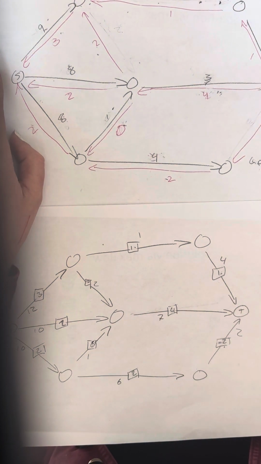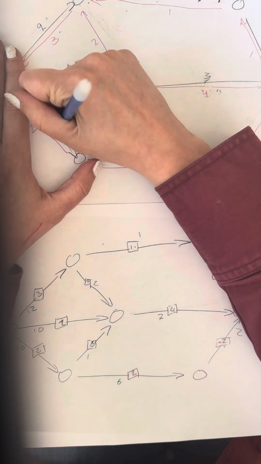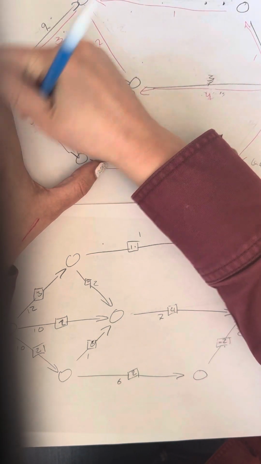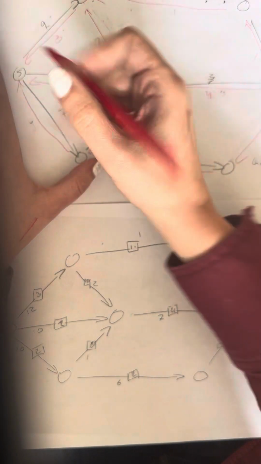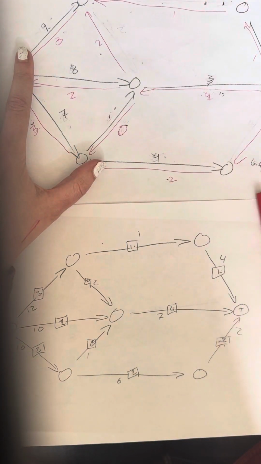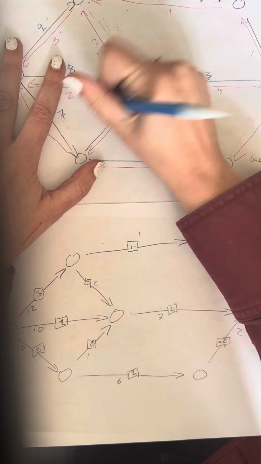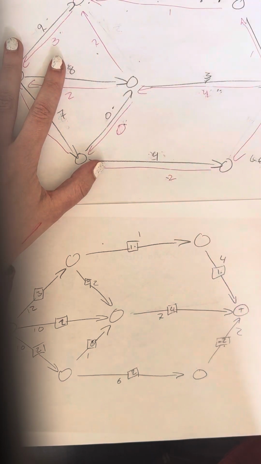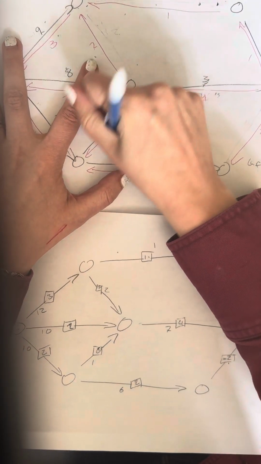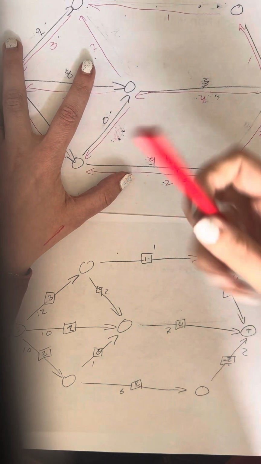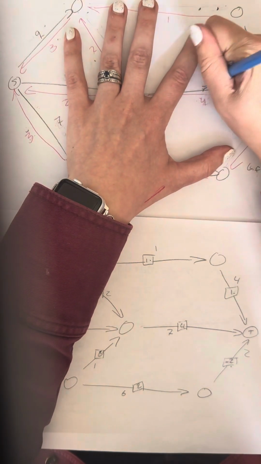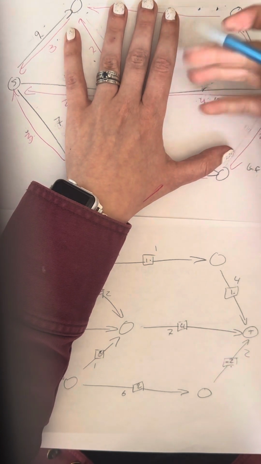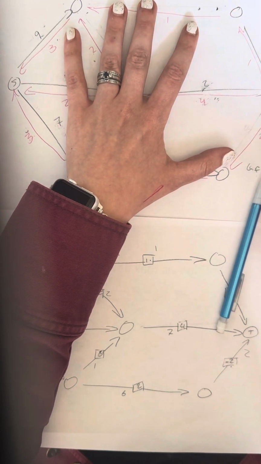My bottleneck is 1, so I'm going to add 1 to each side, so this becomes 7 and 3. This becomes 0 and 1, and this one becomes 2 and 5.